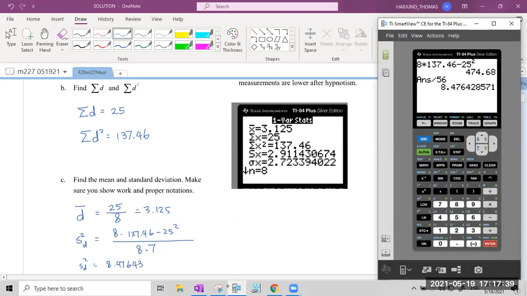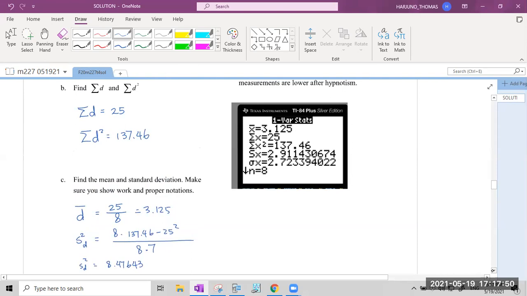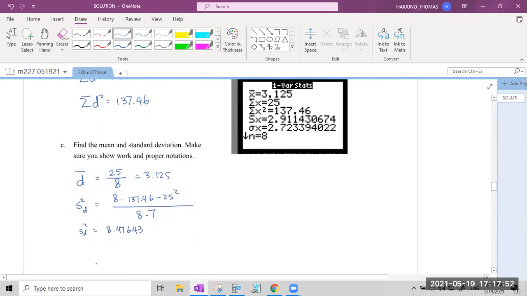Now the square root of that will give us our standard deviation. But Thomas, I thought we already have that standard deviation. Yes, but I still need to show the work, right? So I pretend to show the work even though the standard deviation of the differences is given to me here.